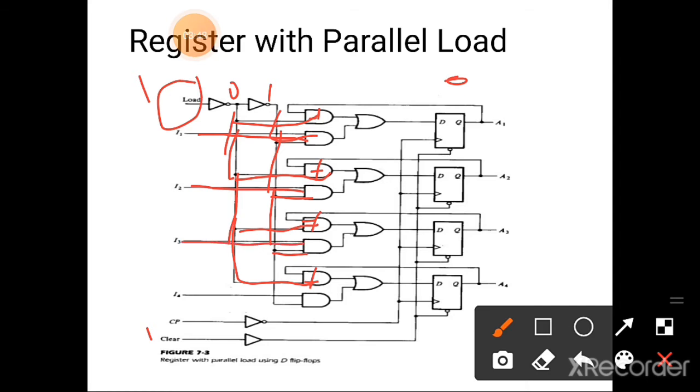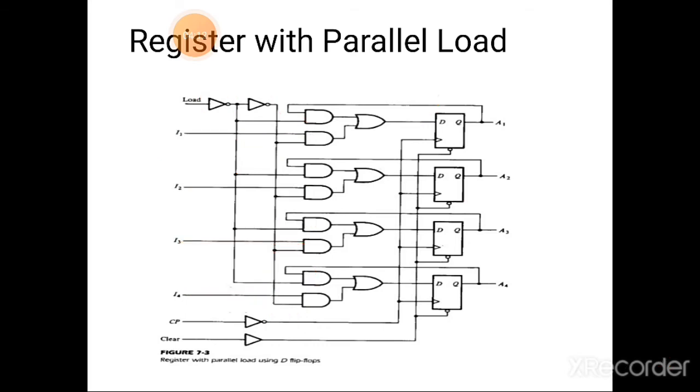One input is I3, and here one is the load input, and the other one is the I4 input. So when load is 1, the inputs I1 to I4 are transferred into the register on the next clock pulse.